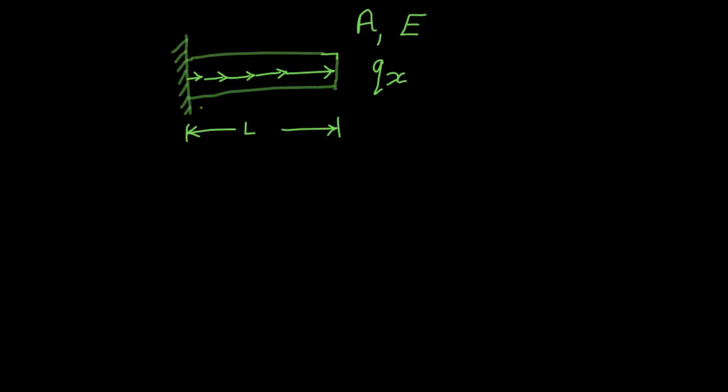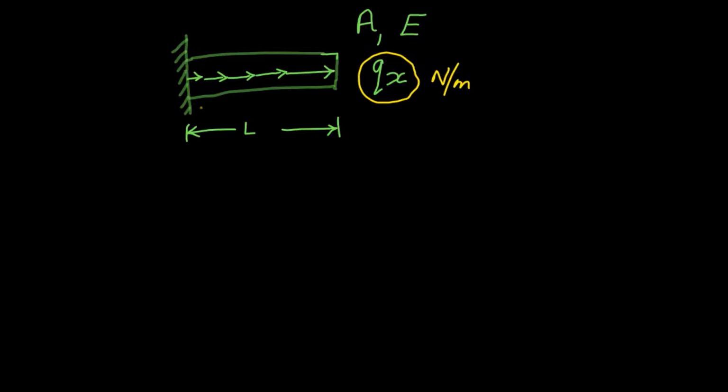And remember that the unit of q·x is Newton per meter, or it may be Newton per mm, depending on whatever unit is convenient for you. All you want to remember is q·x is the rate of loading. Remember, it is not q that is the rate of loading. q·x should be the rate of loading. Fine.